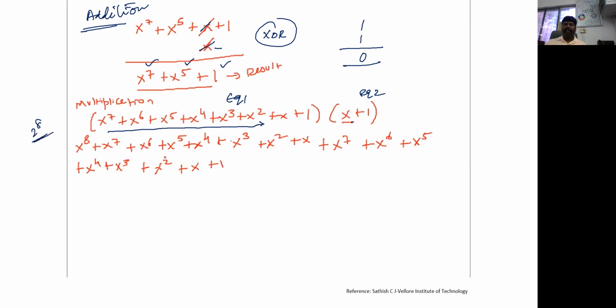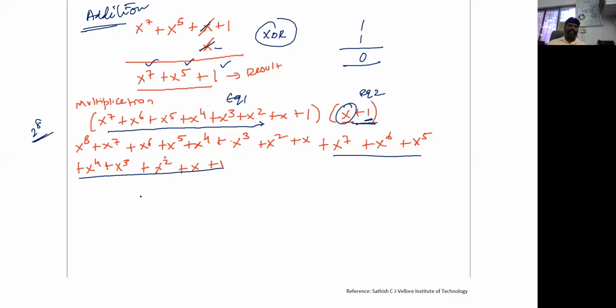If it is multiplied by x plus 1, first I will take x and multiply all the values, so I add 1 to the power: x power 8, x power 7, x power 6, 4, 3, 2, 1. Followed by multiplying with 1, I get the same value, x power 7 plus 4, 3, 2, 1. You can simplify all the values that exist.